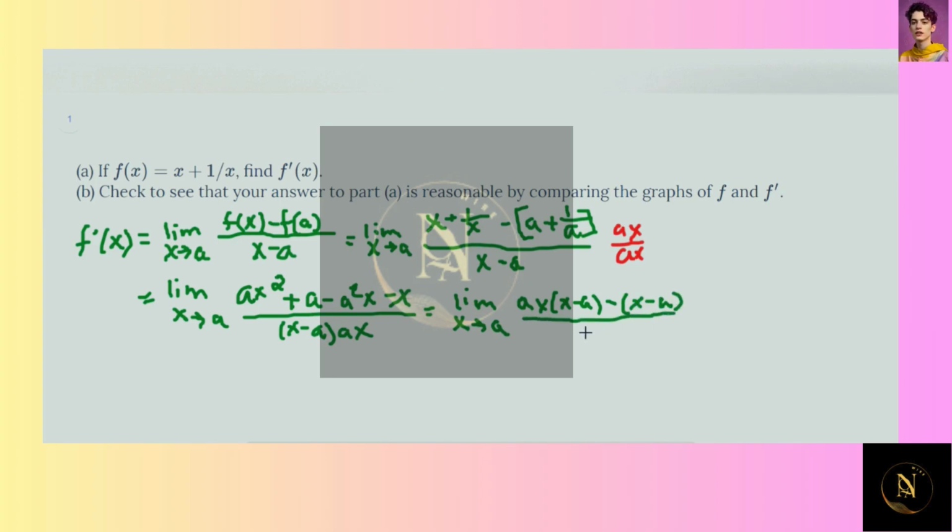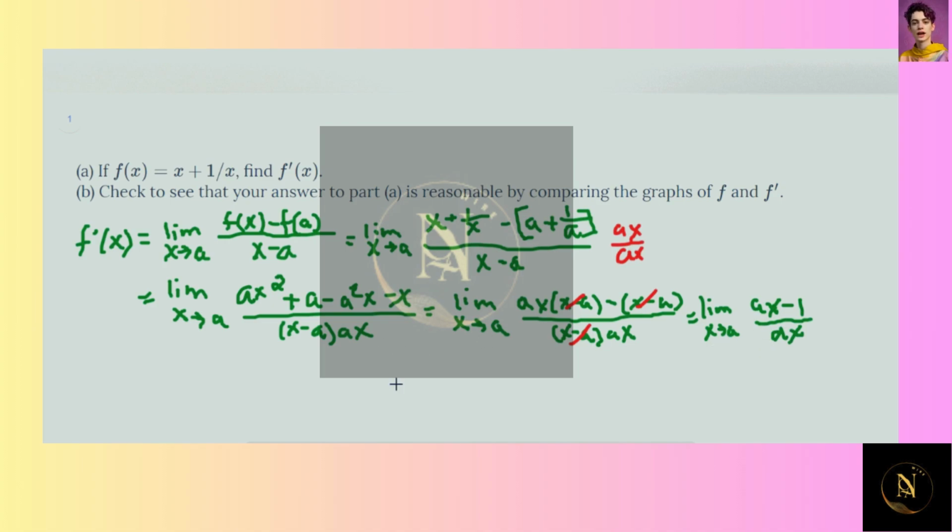And all of this divided by x minus a multiplied by ax. Now each term in the numerator has an x minus a term that can cancel with the x minus a in the denominator, and that leaves us with ax minus 1 divided by ax.